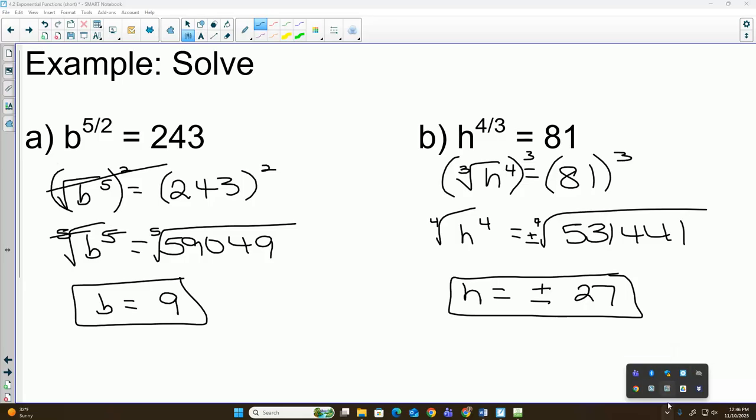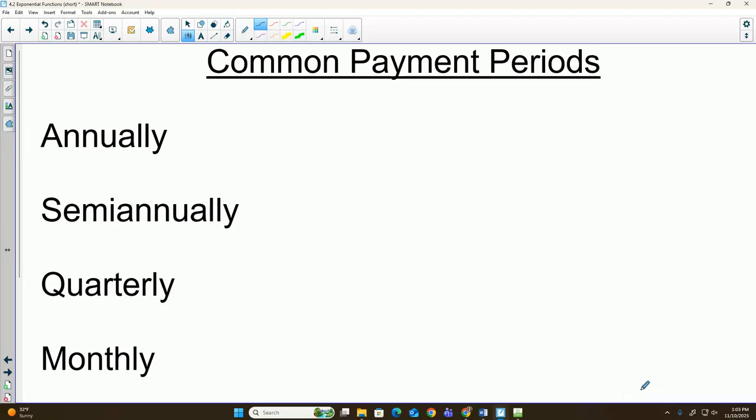It's due tomorrow. So I just want to look at calculating interest because it uses some exponential functions. And interest is a fairly common thing you're going to encounter in your life. First of all, when you're talking about interest, you'll have different payment periods, and we need to make sure we know what these things mean. What does it mean if it says you get paid annually? Okay. Annually is once per year.